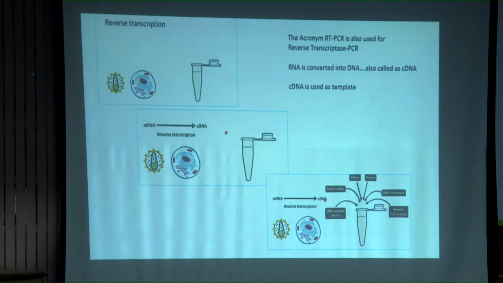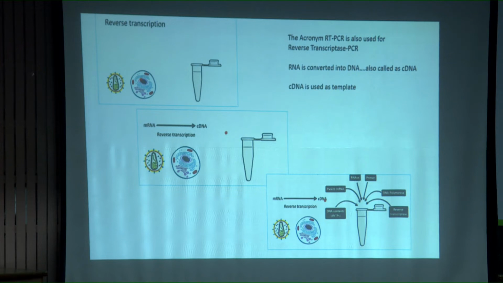Instead of normal DNA, you are going to add cDNA, and you are going to estimate the transcripts. Now, this RNA needs to be converted into cDNA, so you need another enzyme, called reverse transcriptase. You add reverse transcriptase also in the tube, so all in one, right?